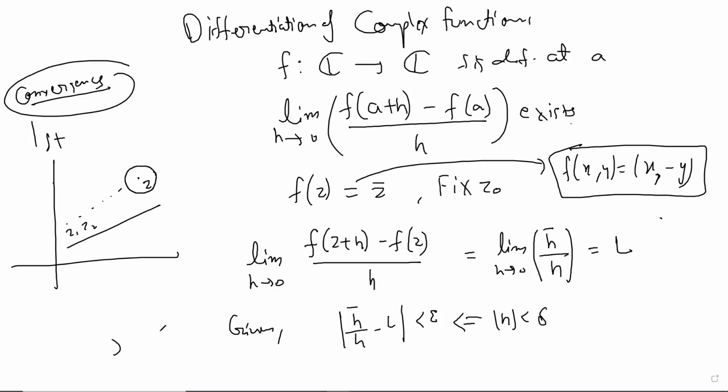So this h is in the delta ball. You can also think of it in terms of e to the power i theta. If h is r e to the power i theta, then this is mod 1, so this will be e to the power minus i 2 theta.